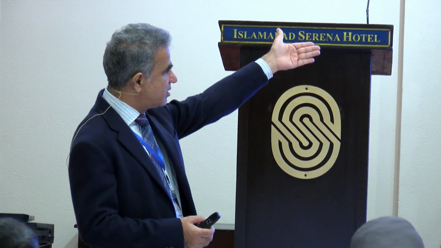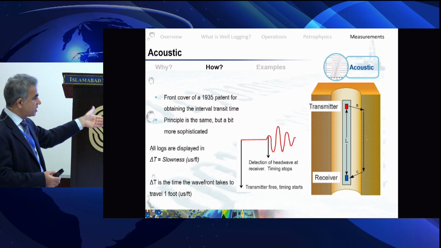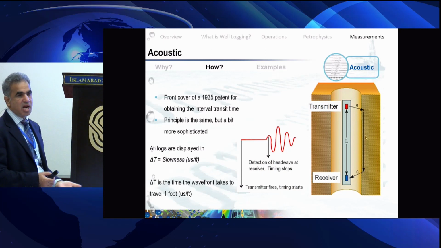We call these sonic logs in slowness, not in velocity, but slowness, and the term used is delta T. Why delta T? Because the time taken for the wave to leave the transmitter and reach the receiver is the delta, the difference between 2 points.